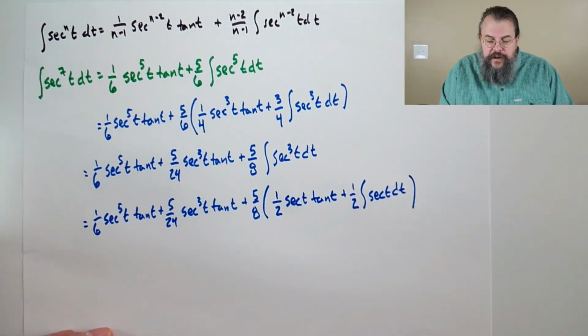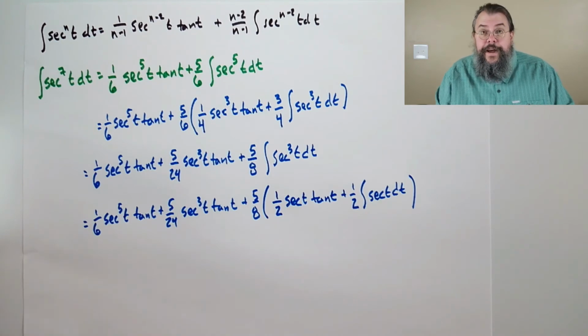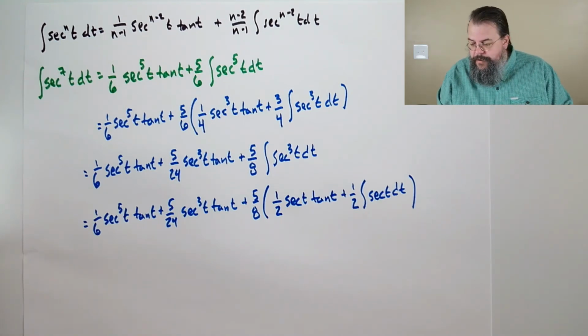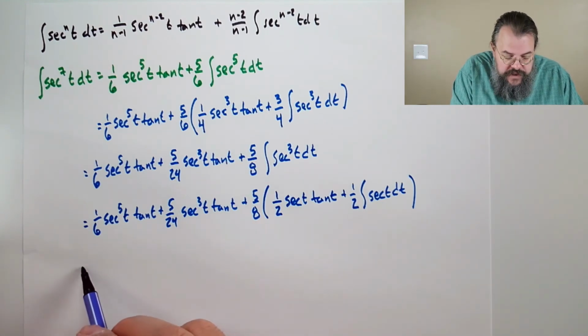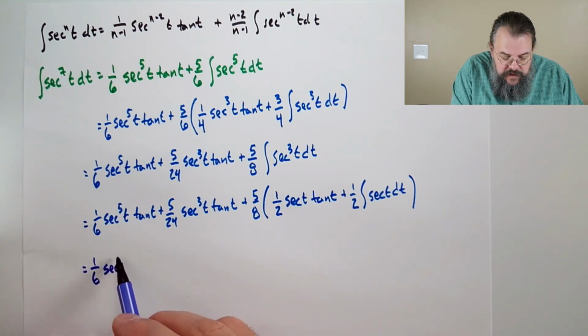Okay, good. Well, now what? Well, we have to simplify this. And we end up with 1/6 secant to the 5th t tangent t.